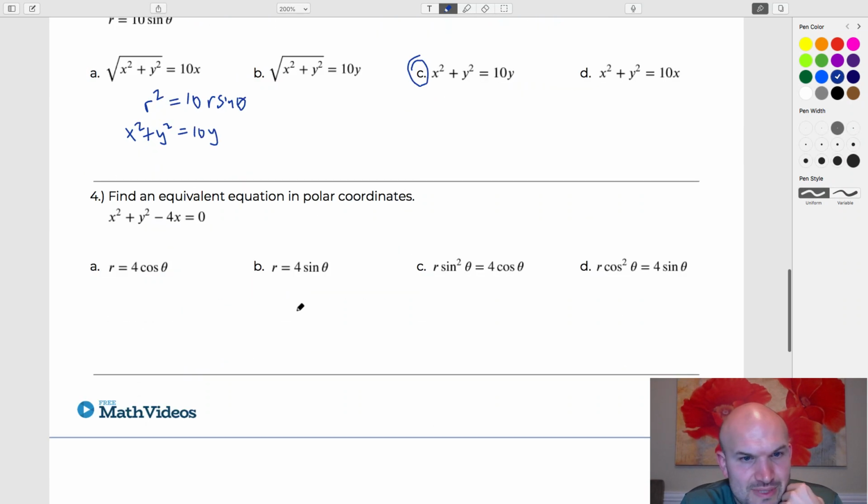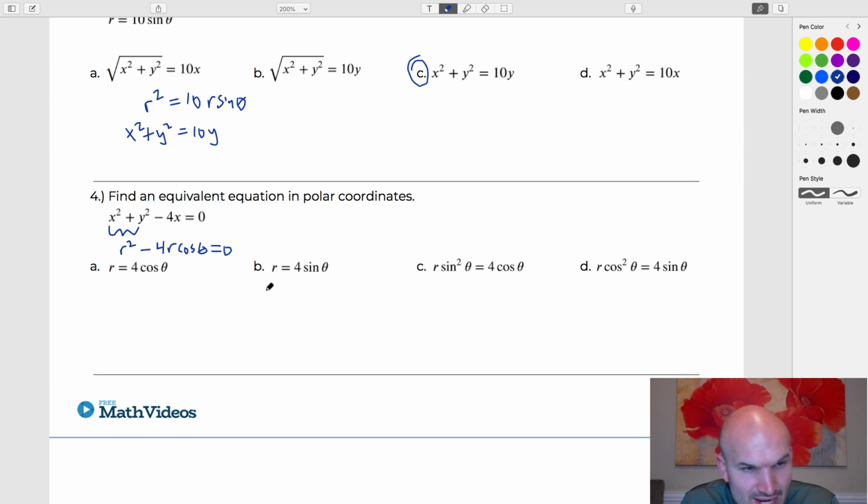And this next one here is find an equivalent equation in polar form. So remember, x squared plus y squared, guys, is equal to r squared. Minus 4x, well, we can write x as r cosine of theta, so 4 r cosine of theta, equal to 0.